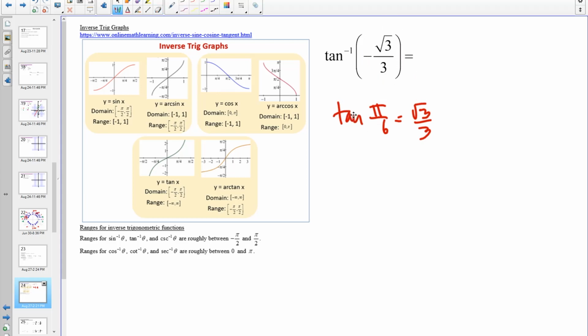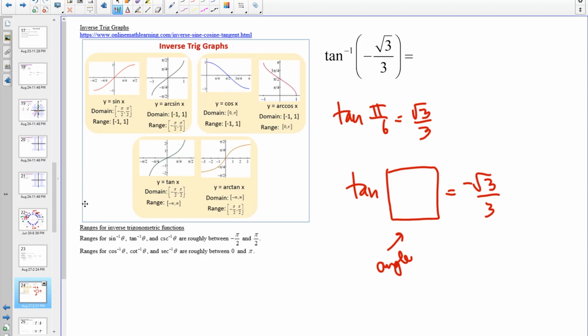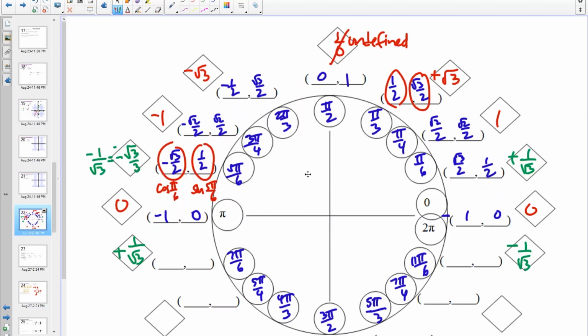This is saying, if I had this problem, the tangent of what angle here will give me negative square root of 3 over 3? So if I go to my unit circle and I look where I have negative square root of 3 over 3 for my tangent value, that's here at 5 pi over 6, and where else is it?